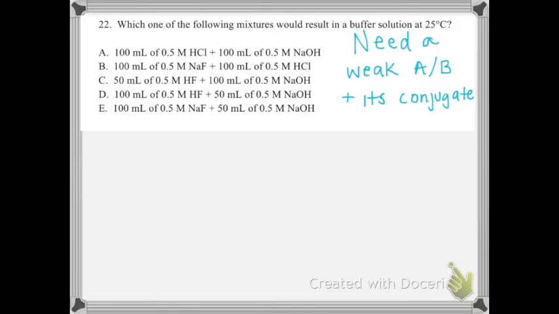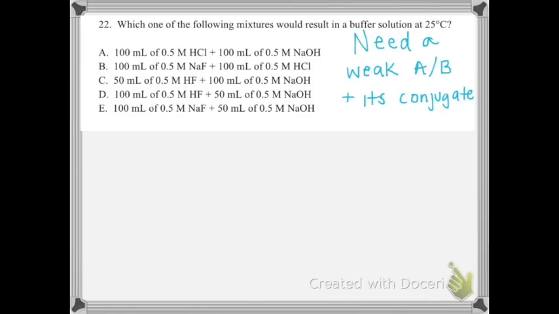For number 22, they want us to figure out if the given mixtures will make a buffer or not. So to be a buffer, you need a weak acid or base, and you need to have its conjugate. So you need to have both the weak thing and its conjugate together in solution.